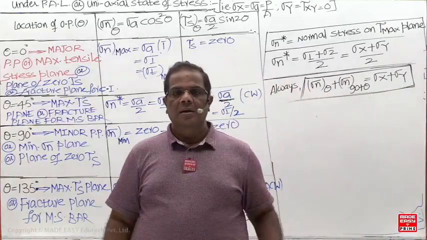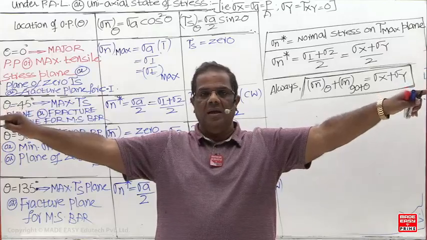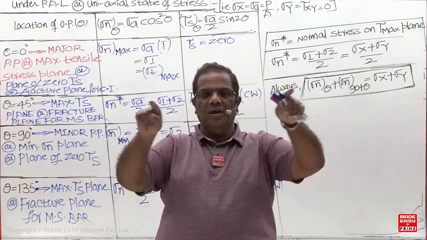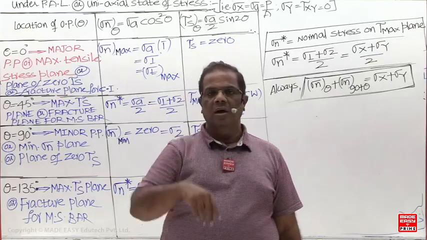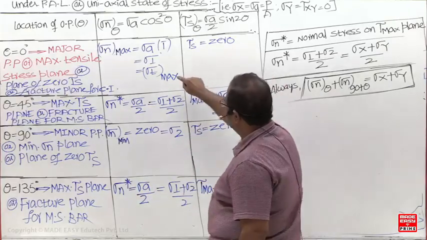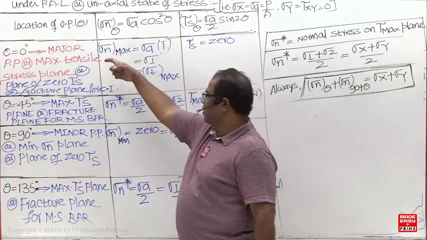In our case, when a bar is subject to pure axial load, what is sigma x? Sigma A. In case of pure axial loading, what is sigma x? P by A. What is sigma y? 0. Now you can check it. What is the sum of these two values, at 0 degrees and 90 degrees?